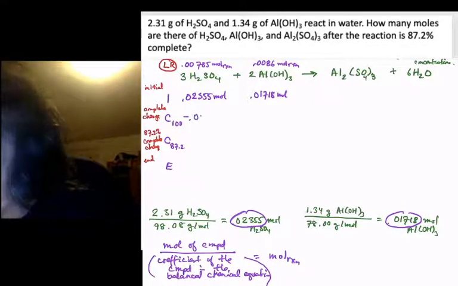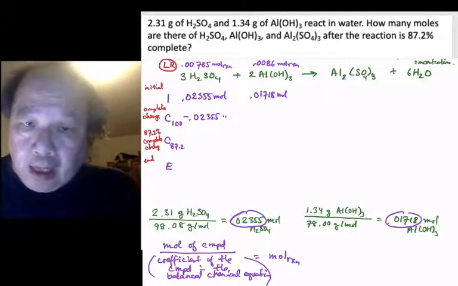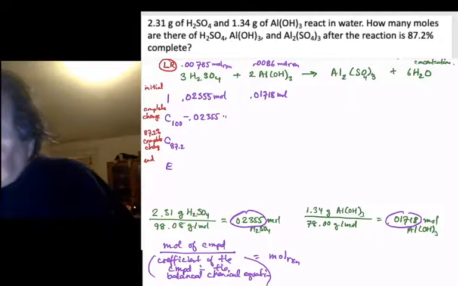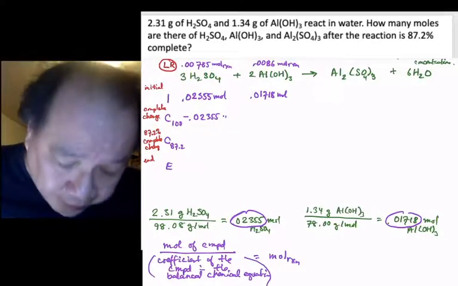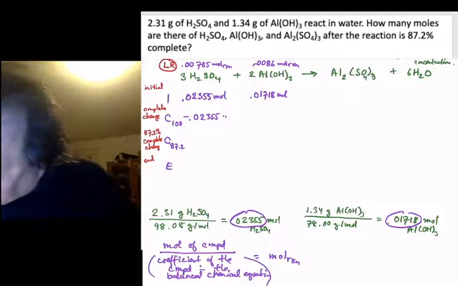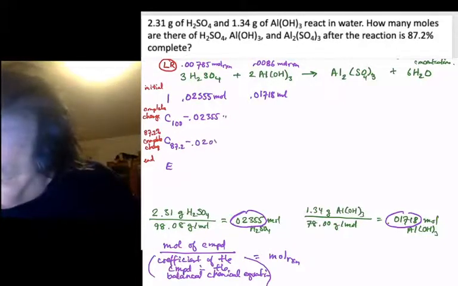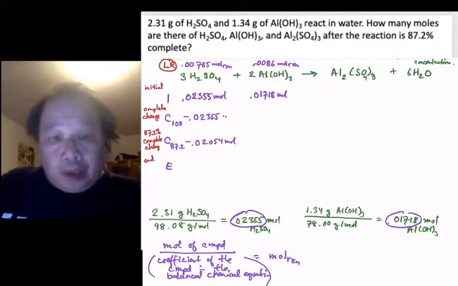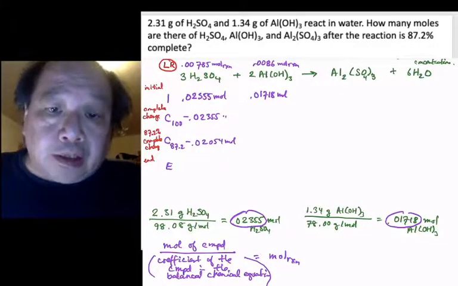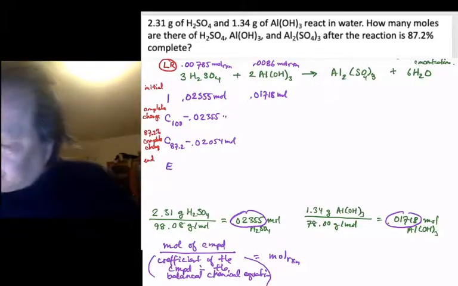So it's minus 0.02355 moles. And the C87.2 will be 87.2% of that. It'll be minus 0.02054 moles. Good. So we go down in the column for the limiting reactant because it's the one that gets all used up. And now comes the key.